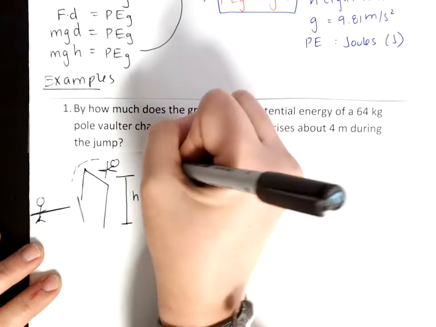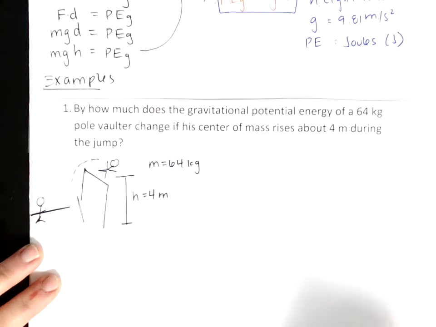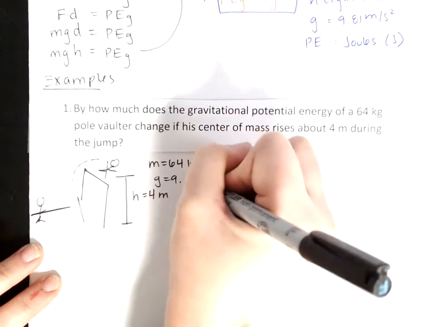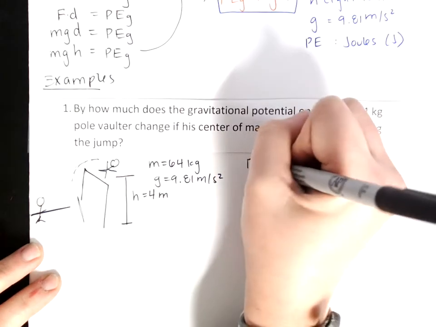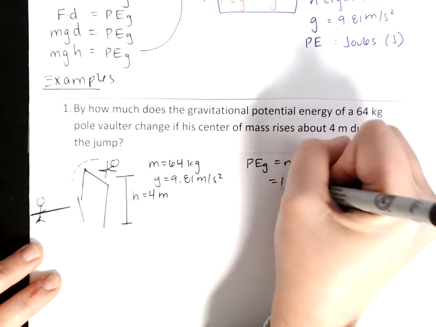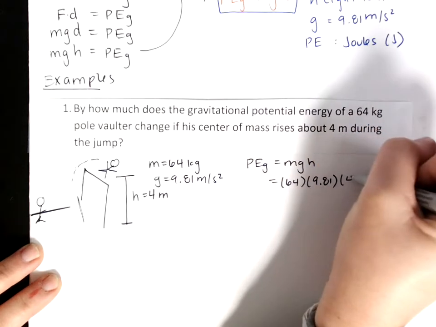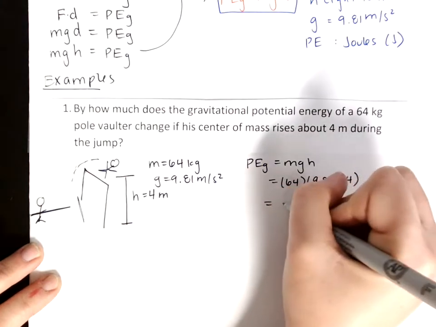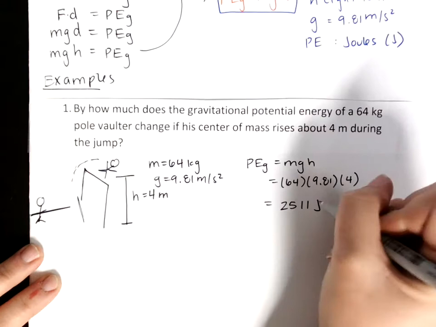We know that his mass is 64 kilograms, as given in the problem. And we know gravity is 9.81 meters per second squared. So when we write our equation, gravitational potential energy equals mgh, we get 64 times 9.81 times 4. And we see that his potential energy is 2,511 joules.